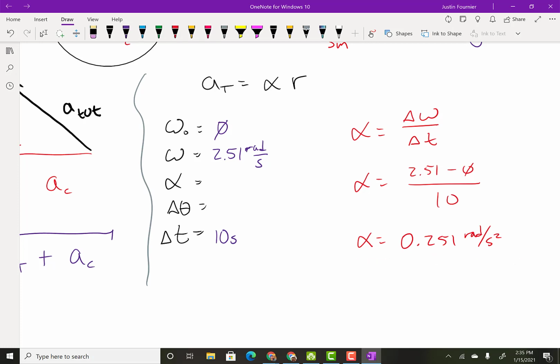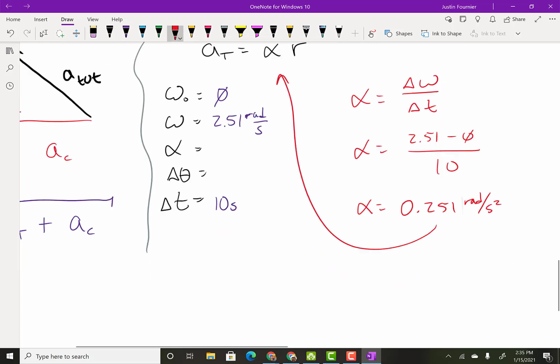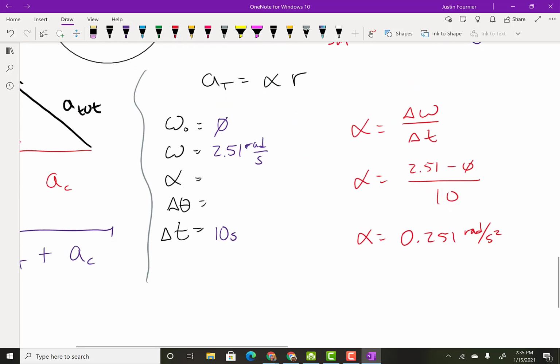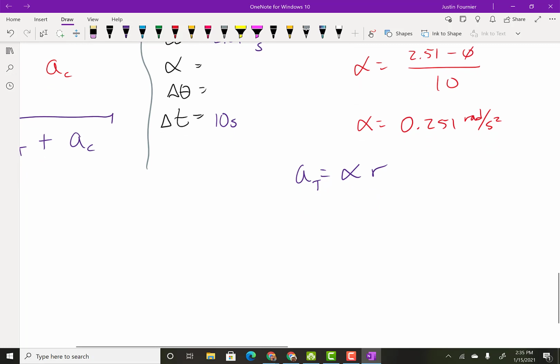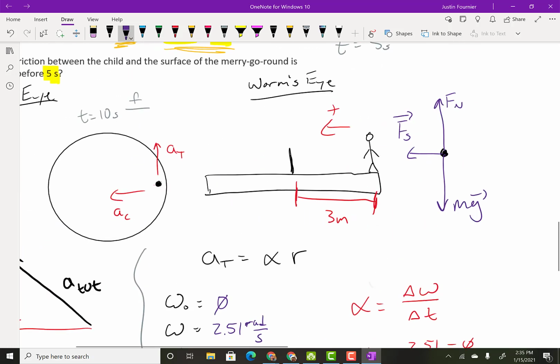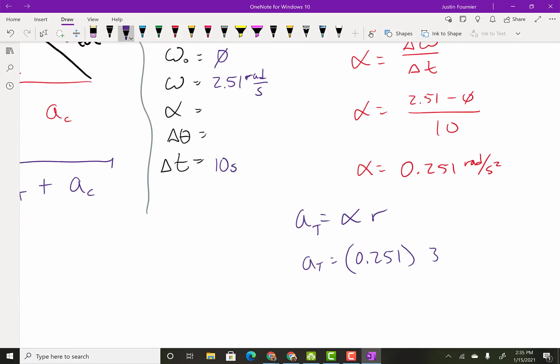Now I plug that in to find the tangential acceleration: 0.251 times r, where r is 3 meters. So 3 times 0.251 gives a tangential acceleration of 0.753 meters per second squared.